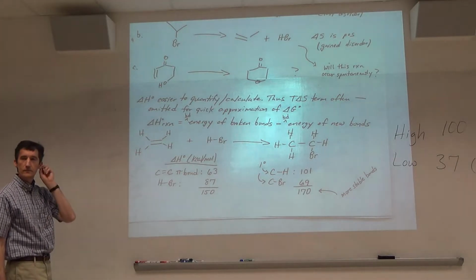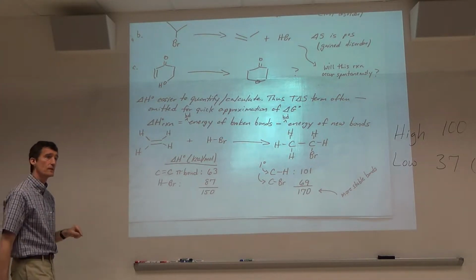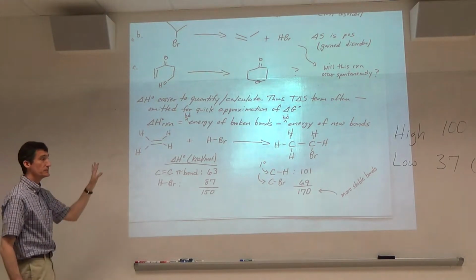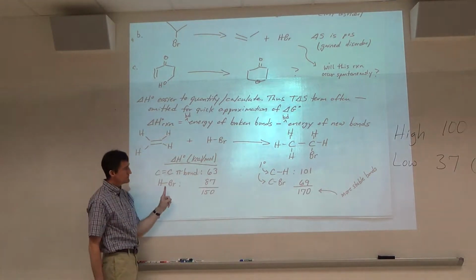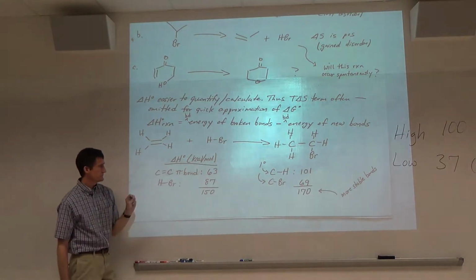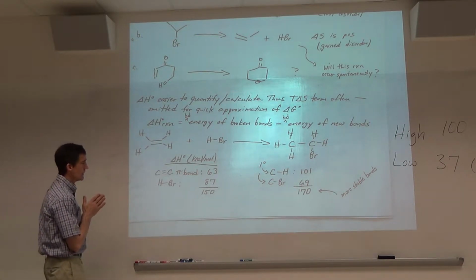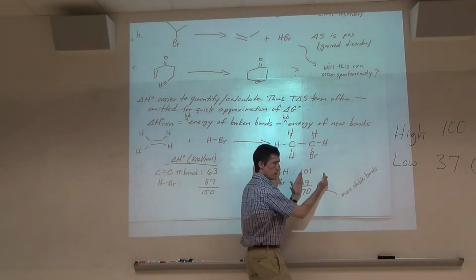Okay, well, let me tell you another way to do this, so you understand what's going on, as opposed to just doing it how you're told. Which side is more stable? When we went from 150 to 170, are the bonds now stronger or weaker?